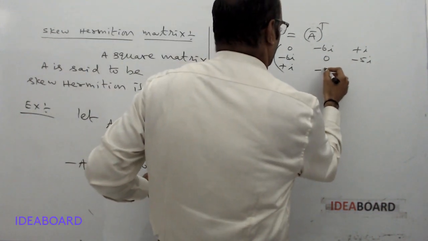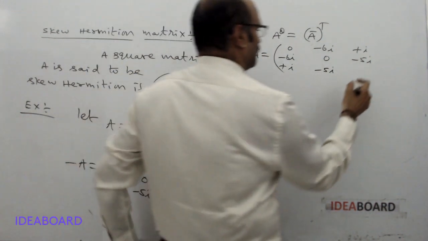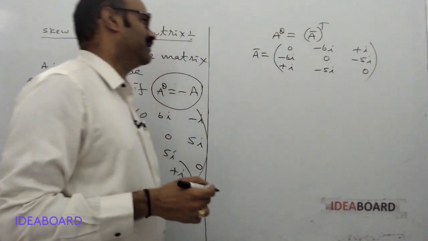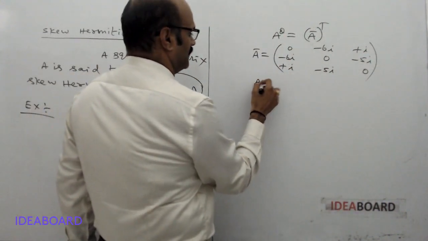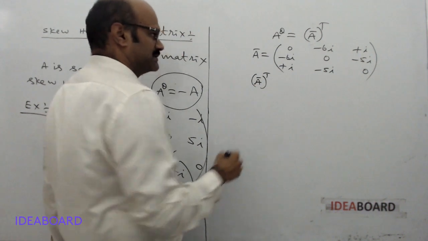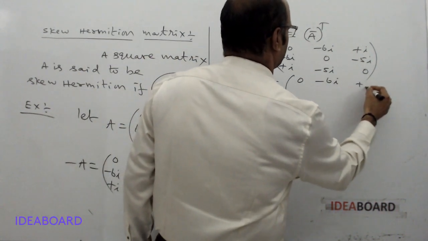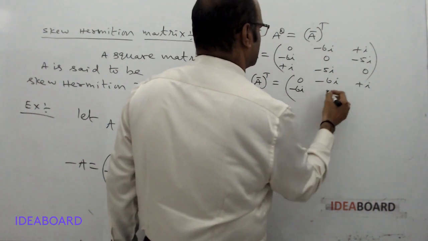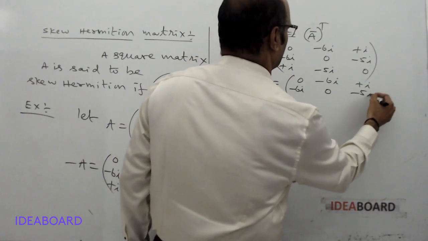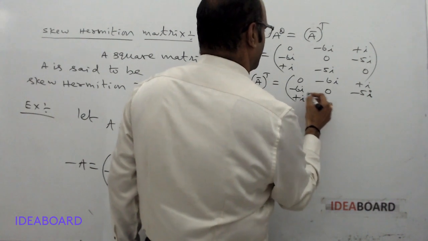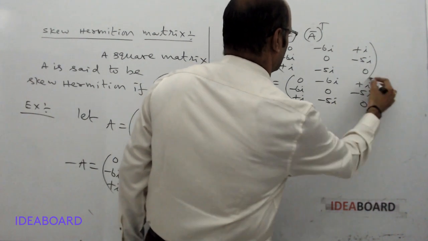Conjugate of plus 5i equal to minus 5i. Now here we have to take 0 here. It implies A bar whole transpose equal to [0, minus 6i, plus i; minus 6i, 0, minus 5i; plus i, minus 5i, 0].